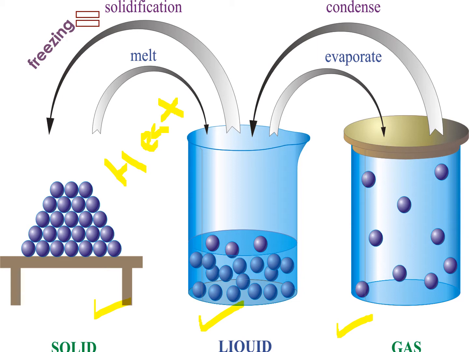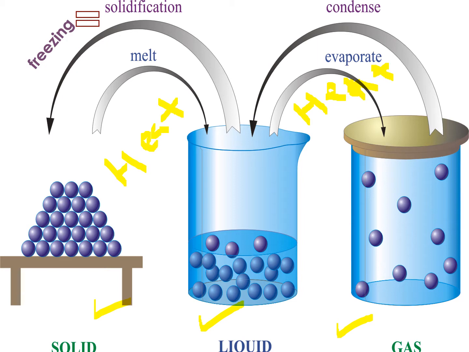Also, if I want to change from liquid state to gas state, I will also use heat. After I use heat, the particles will take kinetic energy and move faster, so there will be bigger intermolecular spaces.